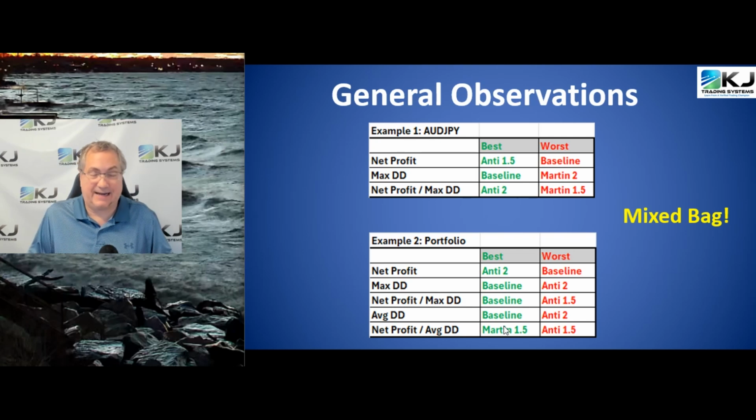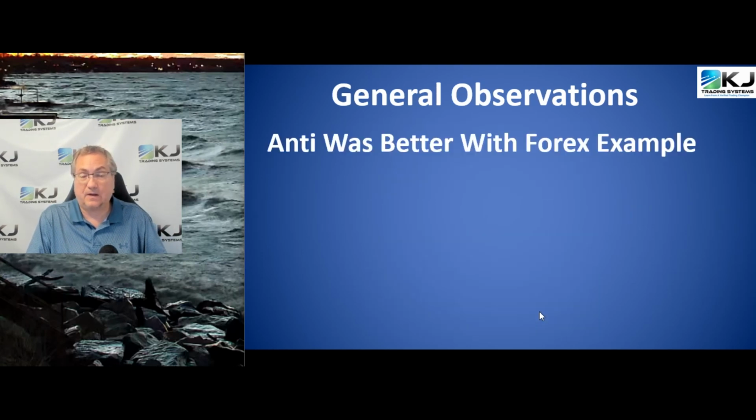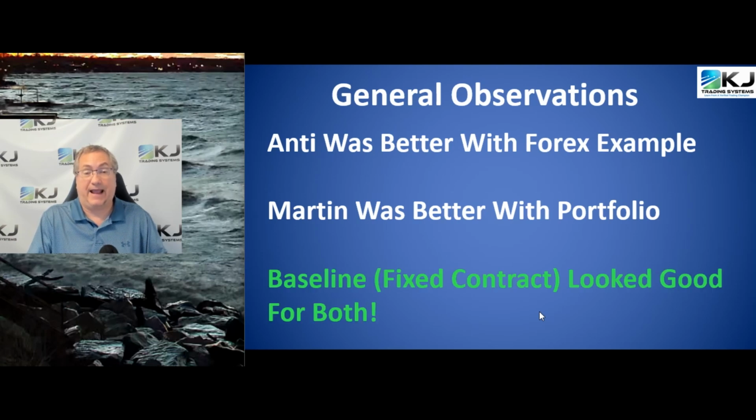So depending on the strategy, you can get something different as far as what's best. So again, anti-Martingale was better with the Forex example, but Martingale was better with the portfolio example. And somewhere in between on both, the baseline, that looked pretty good for both of them.